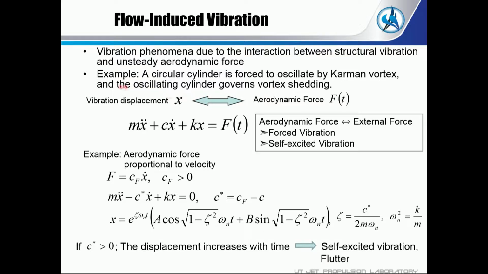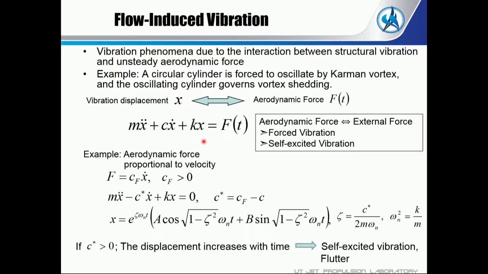The vibration displacement is x, and the aerodynamic force is Ft. The relationship between these two parameters is critical. The equation of motion is written like this. Ft on the right-hand side is the source term, the aerodynamic force, an external force forcing this oscillation system.